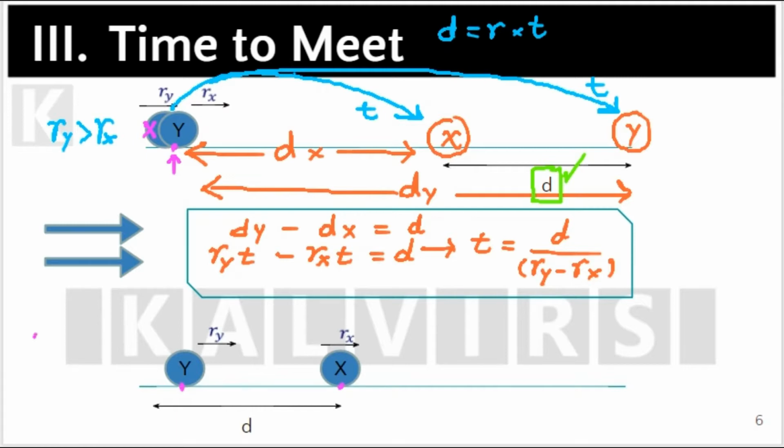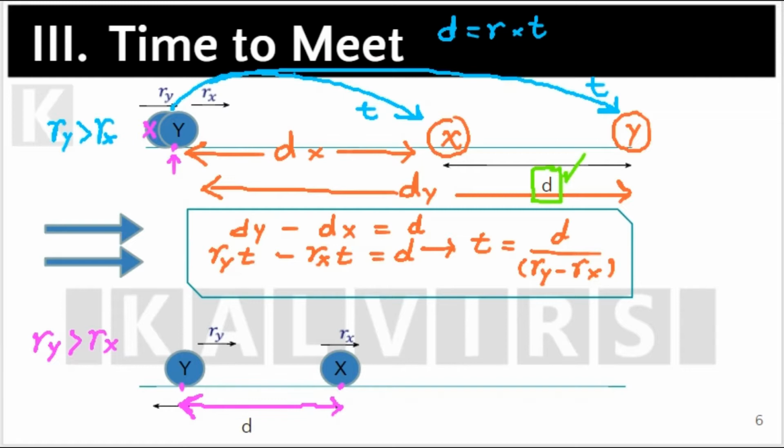Again, let's assume car Y is faster than car X. They start moving at the same time. But remember that car Y is d miles behind car X. It can be the miles or the meters or the kilometers.